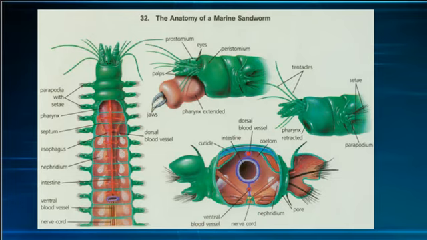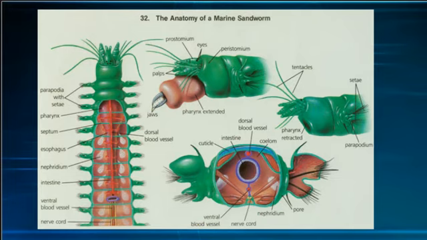And then we're going to do a ventral approach and cut open the belly and see if we can see any of the structures inside, including the pharynx, which will be part of the digestive system. The septum would be something separating the segments. The esophagus, the pharynx turns into the esophagus. Nephridium along the sides here.